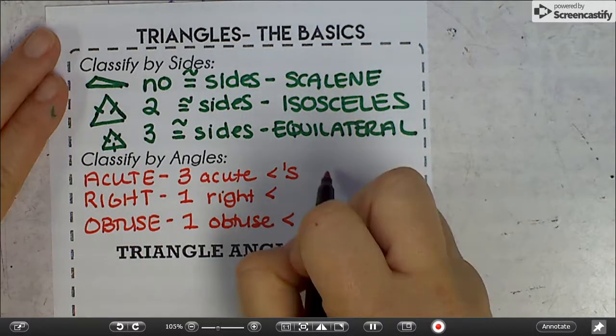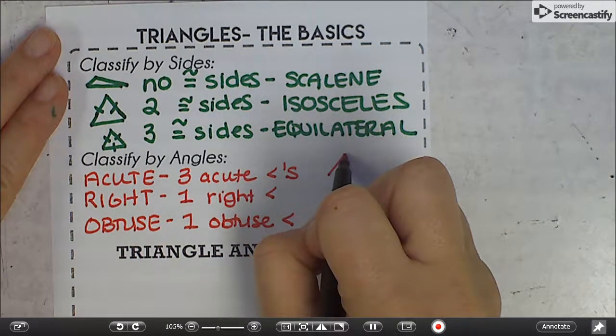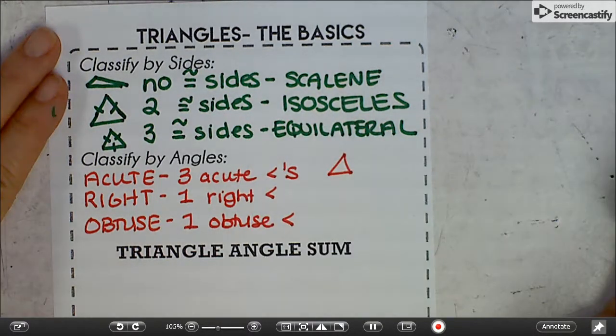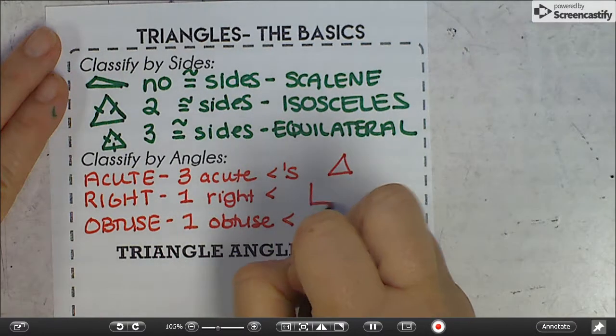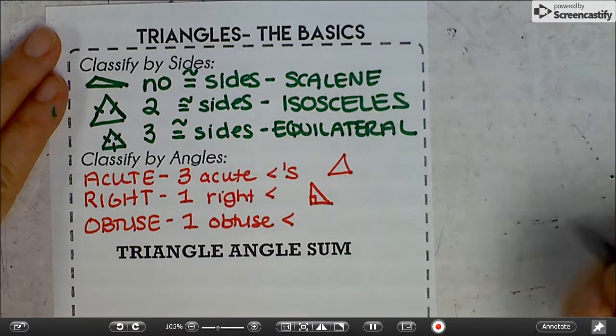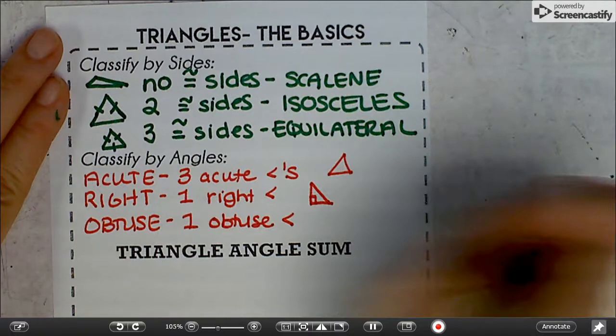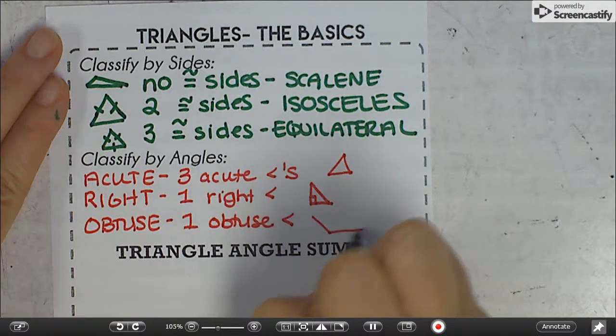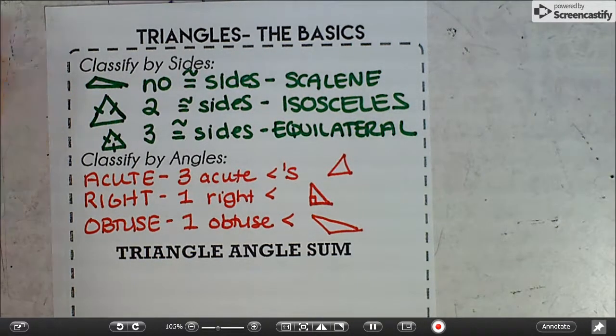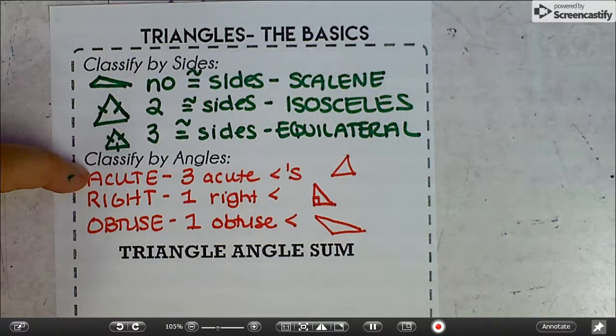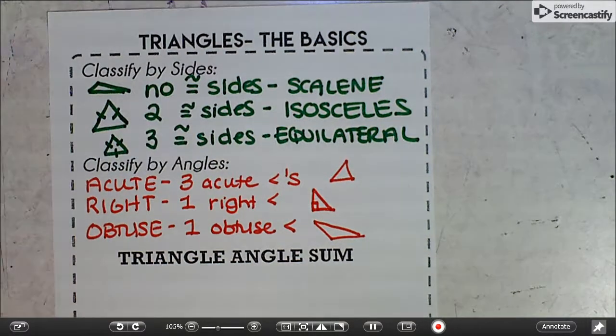An acute triangle would be something like that. A right triangle will have that right angle marked, or you'll be told something about perpendicular lines. And an obtuse triangle could be something like that. They can have scalene, acute, isosceles, right, like they can all mix together. So it's not standalone.